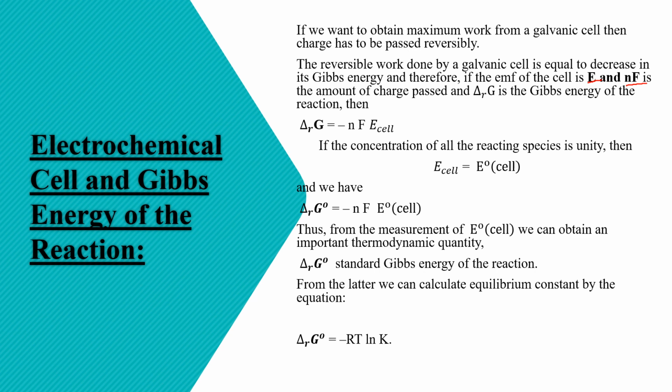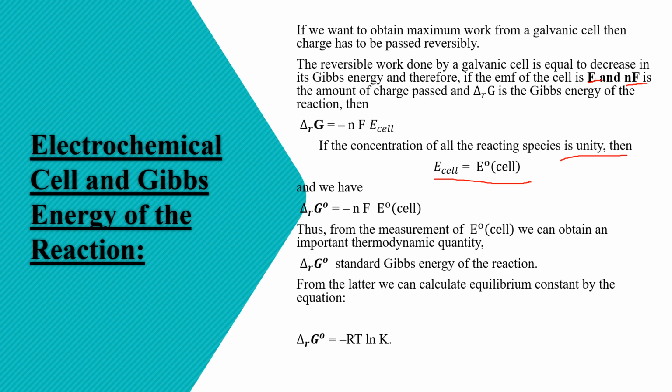If the concentration of all the reacting species is unity, then E of cell will be equal to E naught of cell, since it is standard condition. And we have delta G naught, the standard value of Gibbs energy, which on putting the value of E cell in the previous equation will be equal to minus nF E naught of cell.